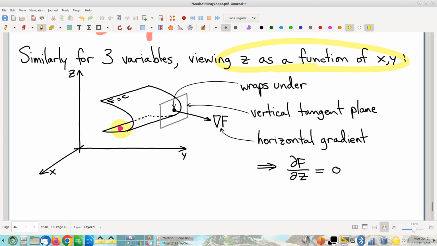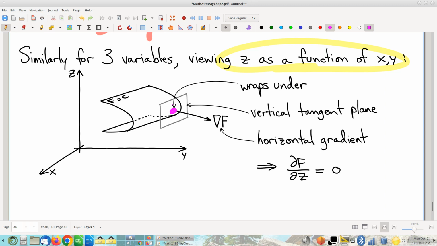And likewise at most other points. Likewise there. Likewise there. Likewise most other points. But where it becomes a problem is here. A point like that where the surface is in the process of wrapping under itself.